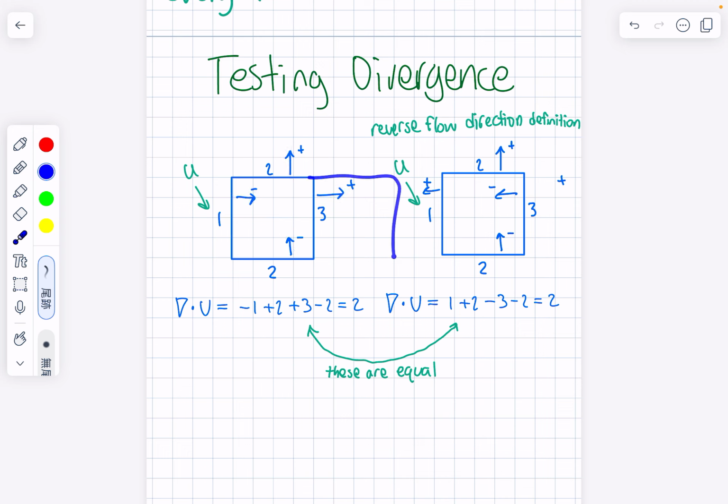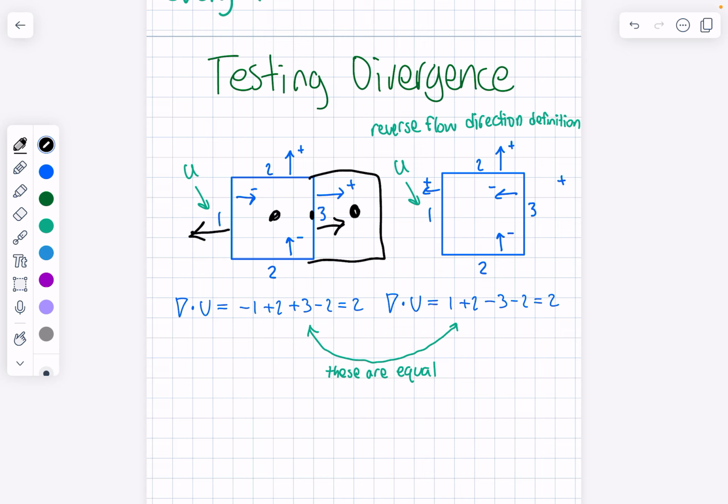So if we have a grid next to it, and we say, when we're talking about this grid, the right one is pointing this way, and then suddenly for this grid, we say the left one is pointing this way. Now maybe for the right grid, we say the flux is pointing this way. But then when we're talking about this one, we say the left one is going this way.